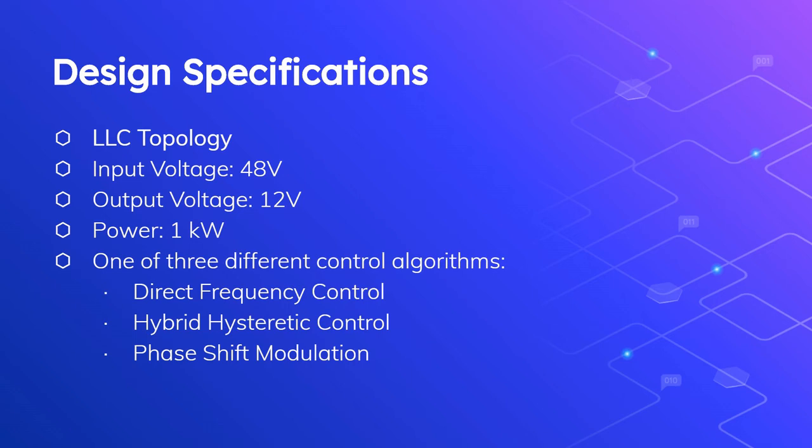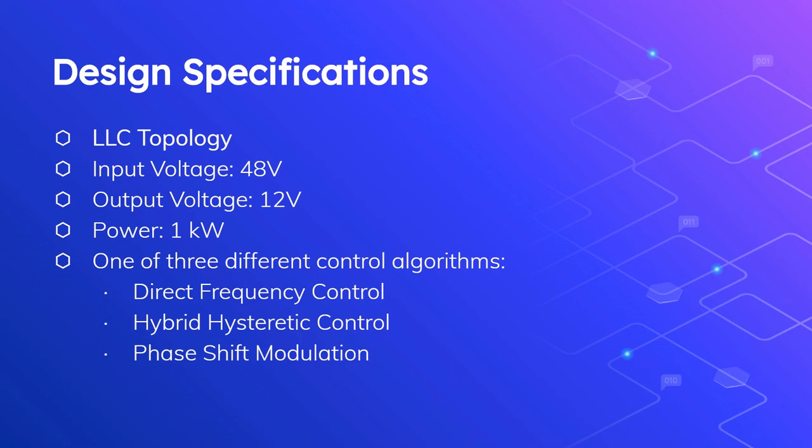We were also working with an output power of around 1 kilowatt, and we were trying to decide between direct frequency control, hybrid hysteretic control, or phase shift modulation control as our control algorithm. Stan will cover more of DFC and HHC in his video, as well as research behind the LLC and the 48 to 12 volt category.